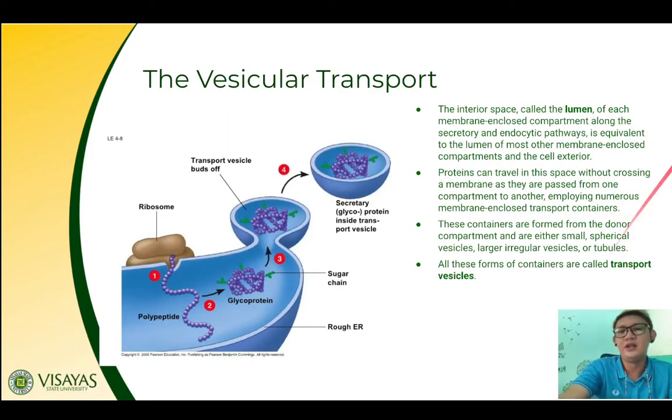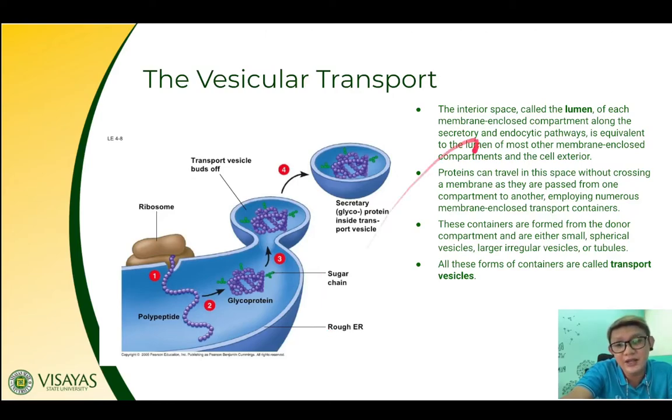Okay. We know that the interior space of the endoplasmic reticulum, called the lumen, is also continuous with the perinuclear space, because the outer membrane of the nuclear envelope is continuous with the endoplasmic reticulum membrane.